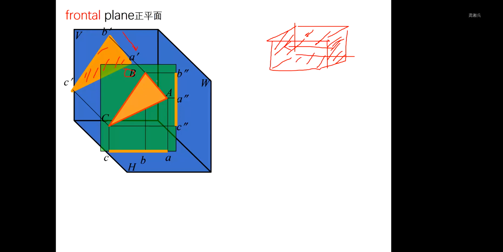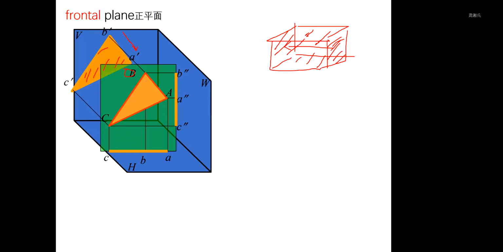We're talking about why we use the triangle: any shape on the plane can represent the plane, and the triangle is the simplest. If you want to draw a circle, it's not difficult to draw with a pencil, but the triangle is the simplest one to represent the plane.